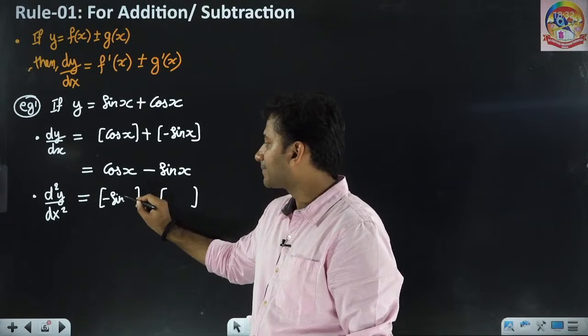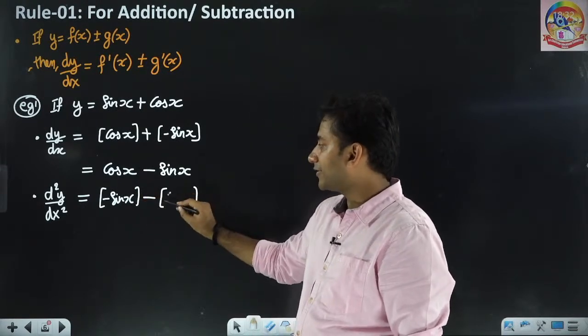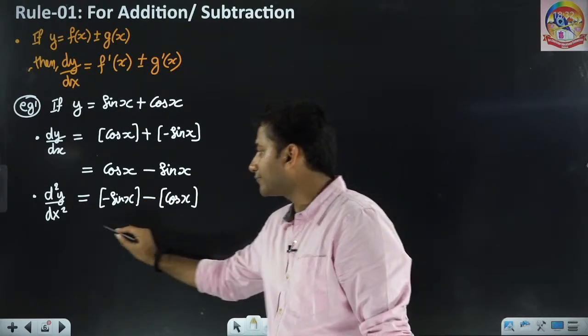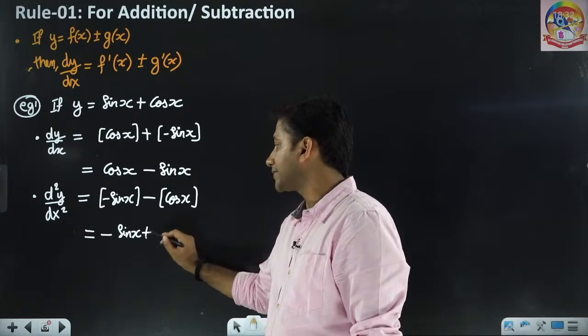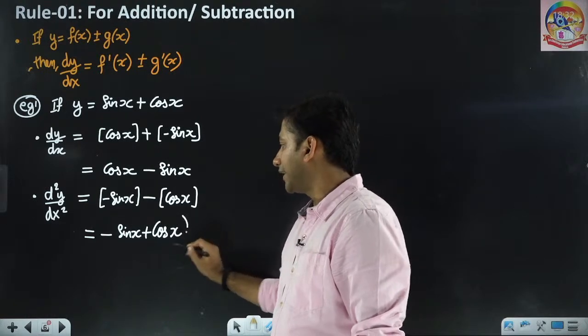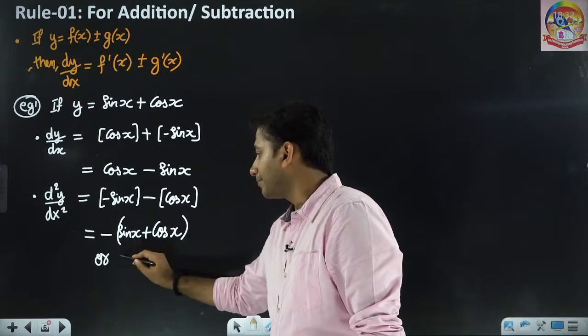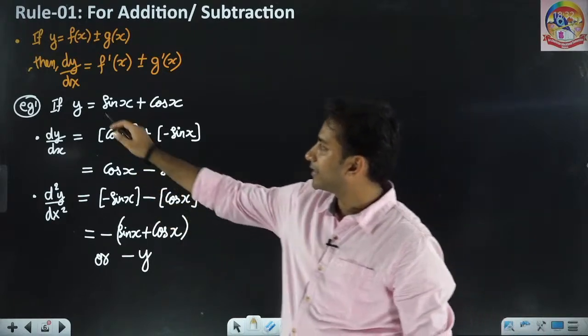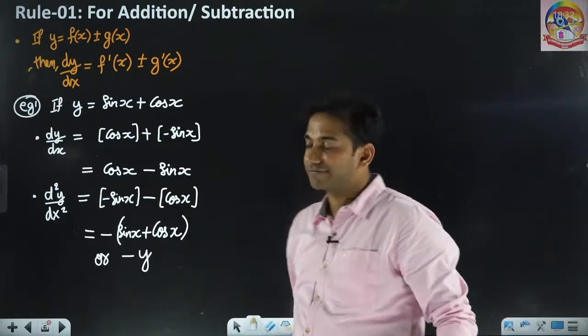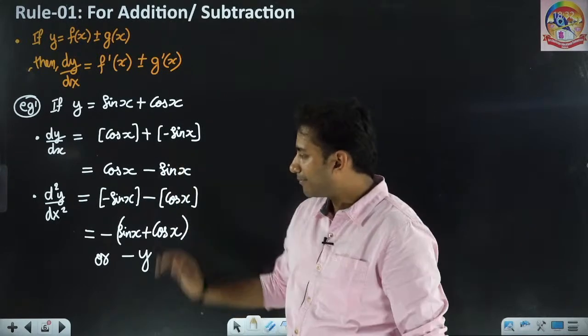Minus sin x. And what is sin x derivative? Cos x. If you look at it carefully, that's minus of sin x plus cos x, which can also be written as minus y. Why, sir? Because y was sin x plus cos x.